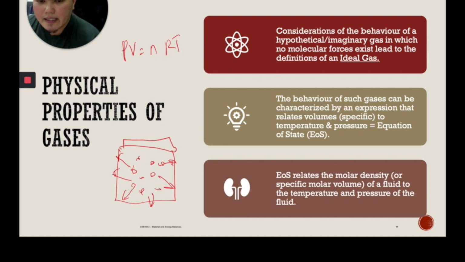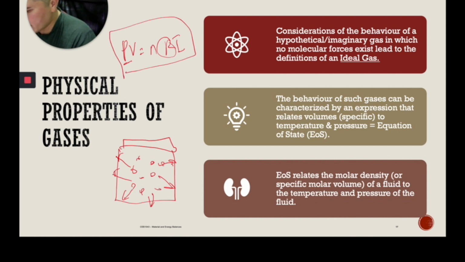The EOS relates the molar density or specific molar volume of a fluid to the temperature and pressure of the fluid. So you have this particular expression to explain the ideal gas.